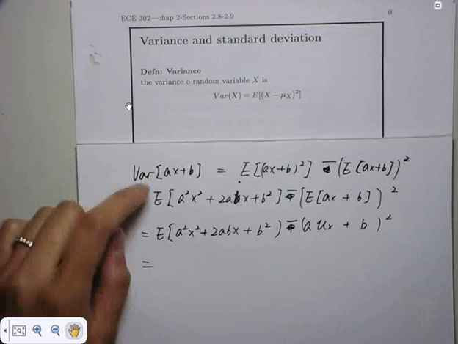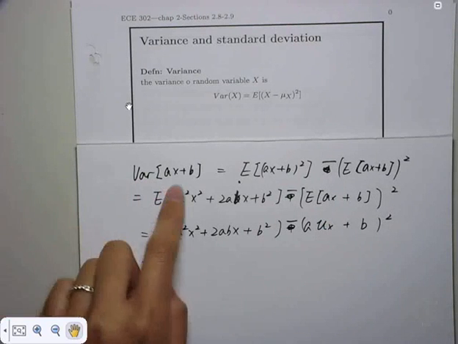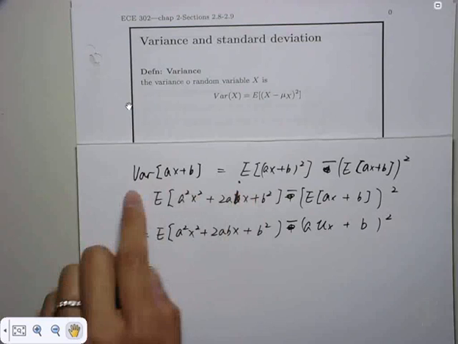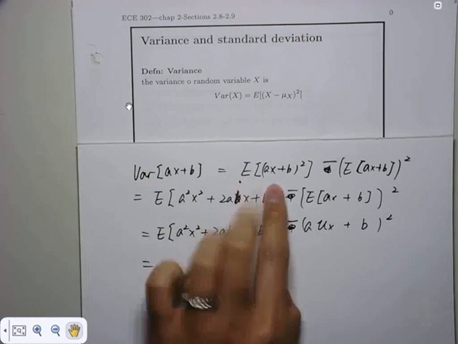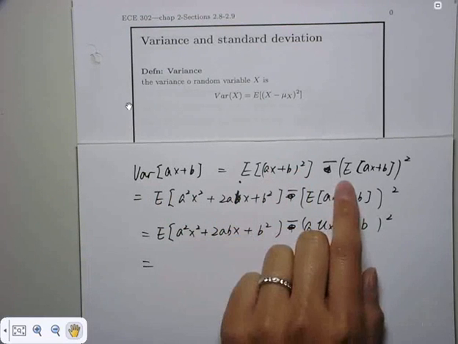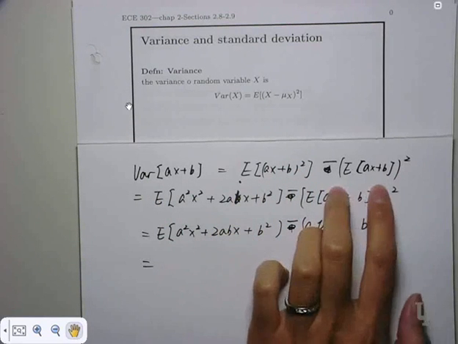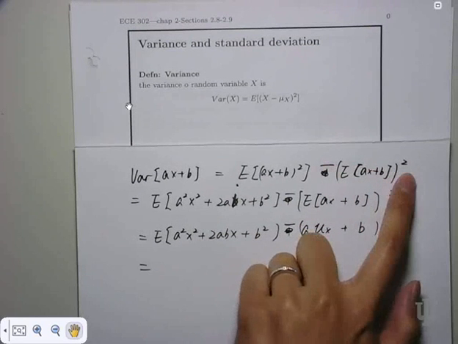Remember, if I treat aX plus b as a function of X, call it g(X), the variance of g(X) equals the expected value of g(X) squared, (aX plus b) squared, minus the square of the expectation, which is E of aX plus b, with the square outside, right?